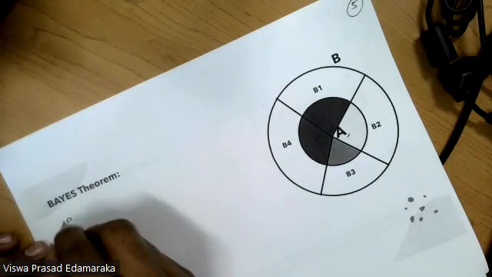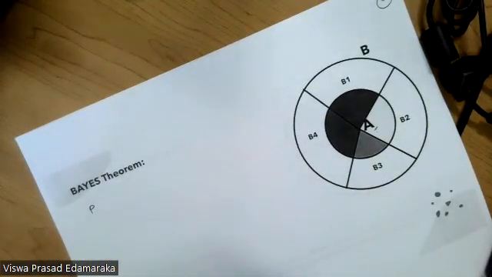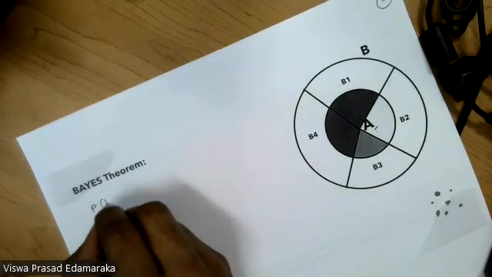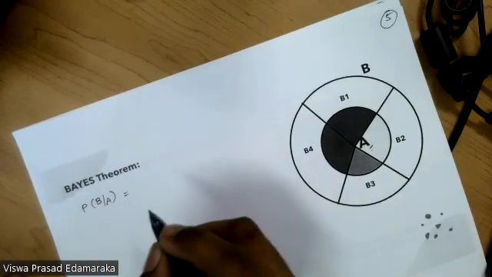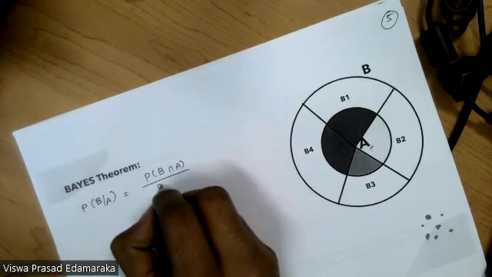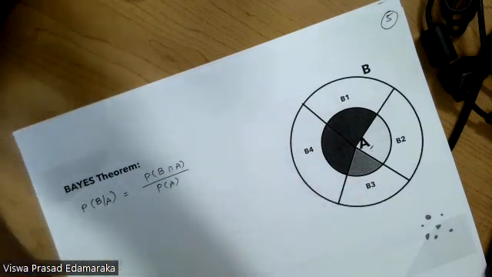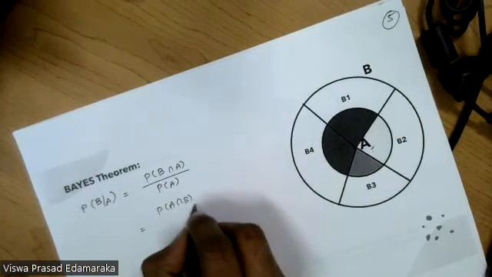As we know, don't try to remember all these formulas. Try to derive them even in the examination. I need P of B given A. From the conditional probability, P of B intersection A divided by P of A. Isn't it? Or shall I write A intersection B over P of A?